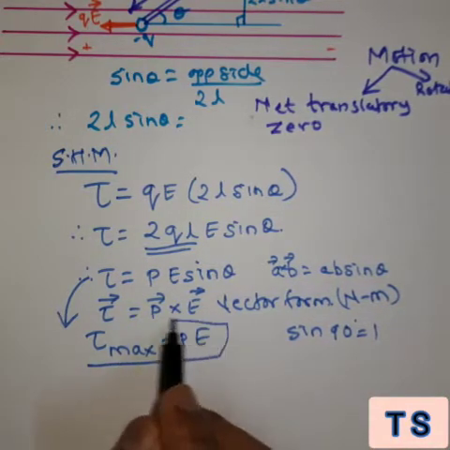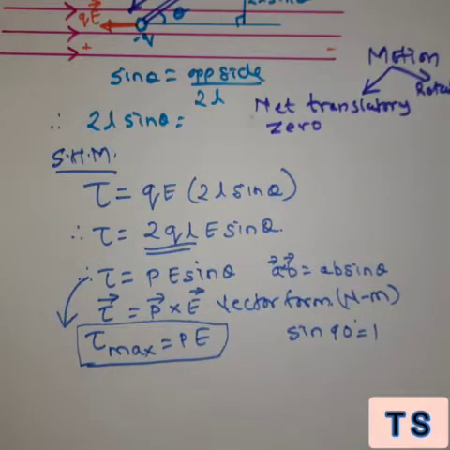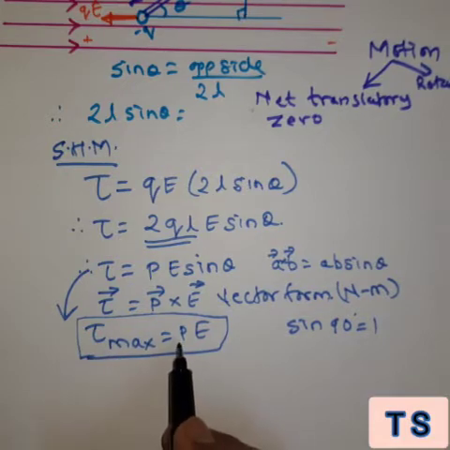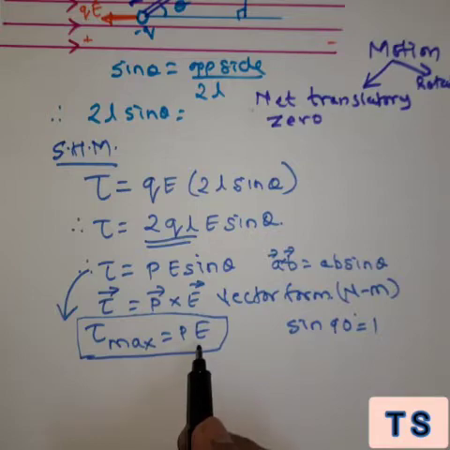So I get maximum torque equals PE. You can apply this formula and get the value of the torque, the electric dipole moment or the electric field.